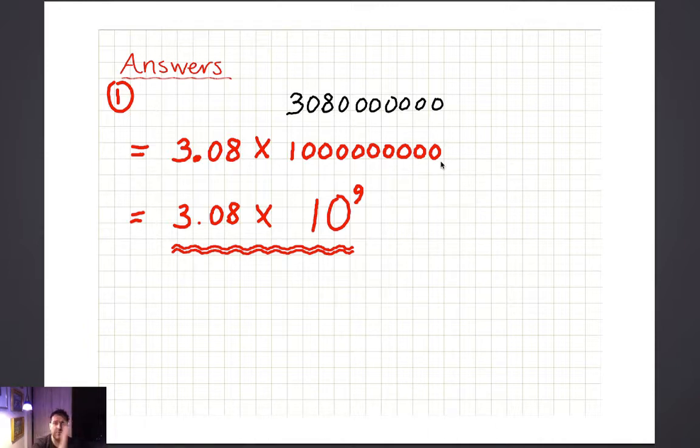And lining it up like that, I can see that this number here, multiplied by about 3, will give you this number here, because it's got a 1 here, but a 3 there. So 3.08 times 1,000,000,000, that's 9 zeros there, so that's 3.08 times 10 to the power of 9.